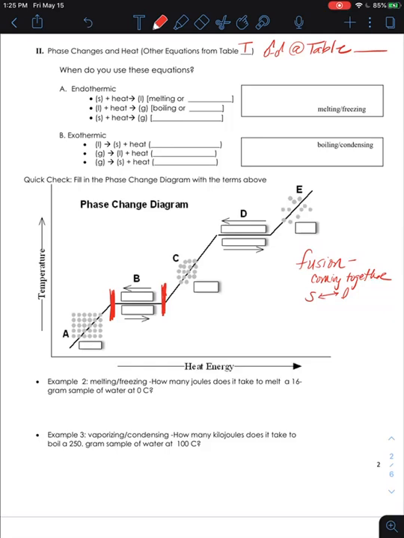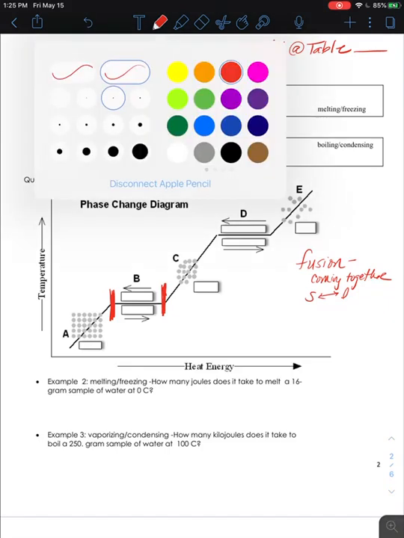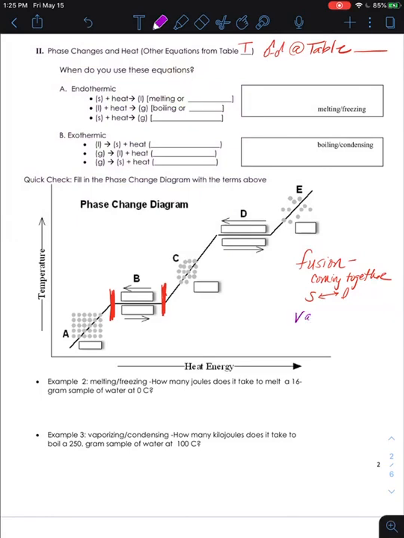Let's take a look at the other term, vaporization. Vapors, we know, are gases. So this is going to be the phase change between a liquid becoming a gas or vice versa. So that's going to be this part of the phase change diagram.